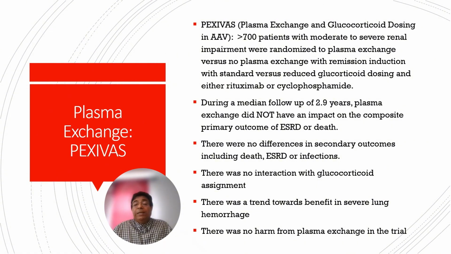There was a trend towards benefit in severe lung hemorrhage. Trend, not statistical significance. But there was no harm from plasma exchange in the trial. But if there is lung hemorrhage or rapidly progressive glomerulonephritis, KDIGO does recommend plasma exchange.